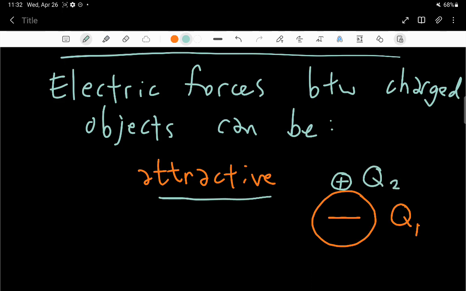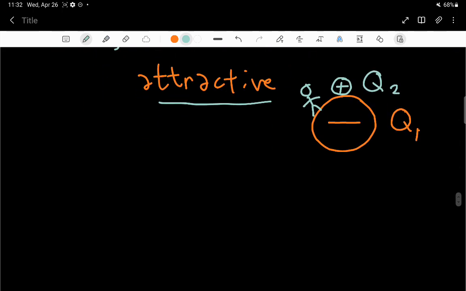And the interaction between these two charges is attractive. So if a little person came in and further separated these charges, so they made that situation look instead like this, right?